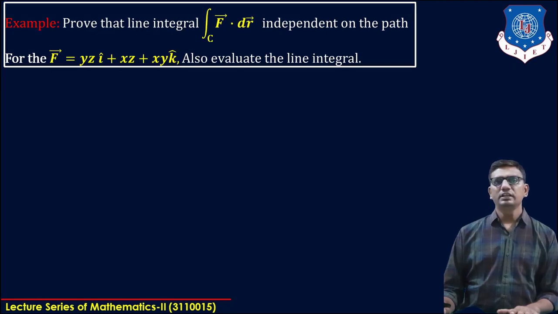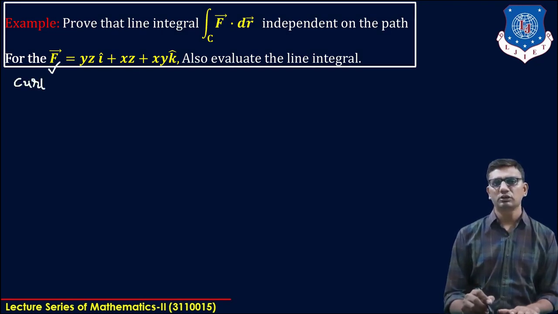Prove that the line integration of f bar dot dr bar over C is independent of the path, where f bar is equal to yz i caret plus xz j caret plus xy k caret. Also evaluate this integration. Here our f bar is this, and first of all find the curl of f bar to check whether it is irrotational or not.